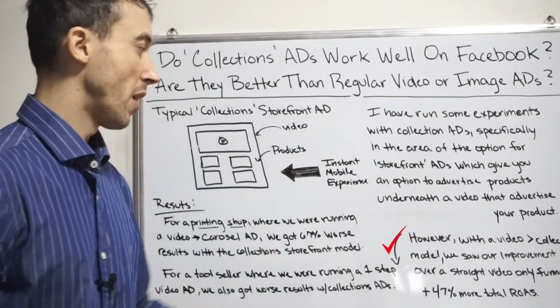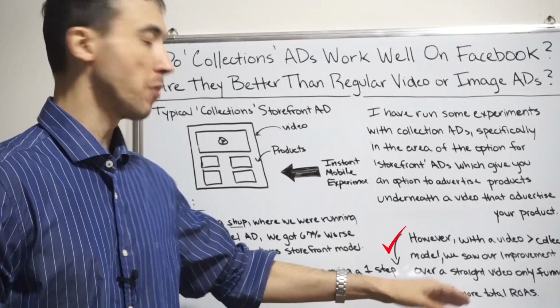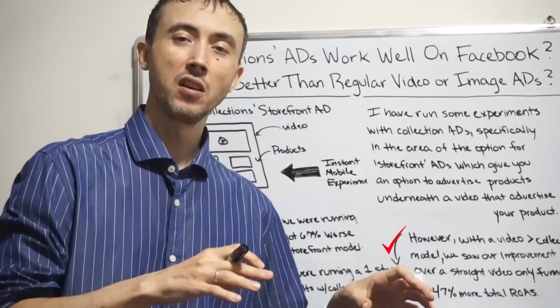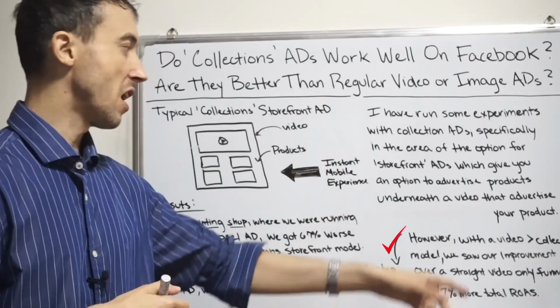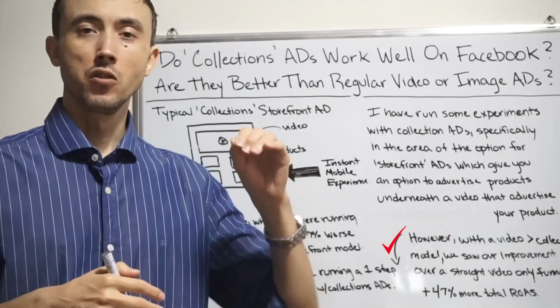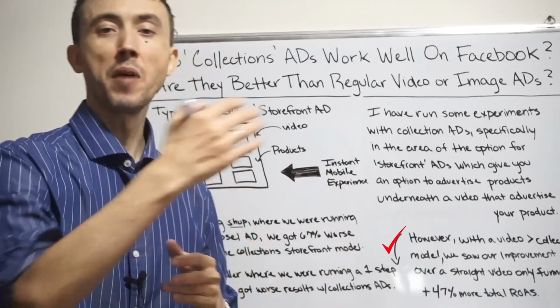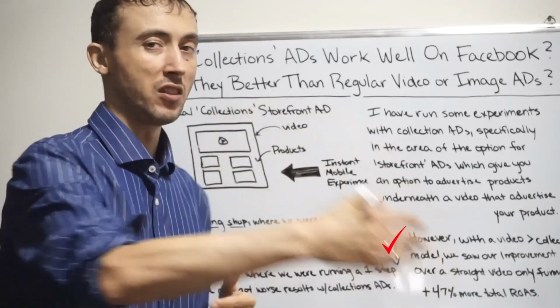And how much more? 47% more total ROAS on the same budget, having the video ads and then the collections ads showing, basically for everybody who saw the video ad.